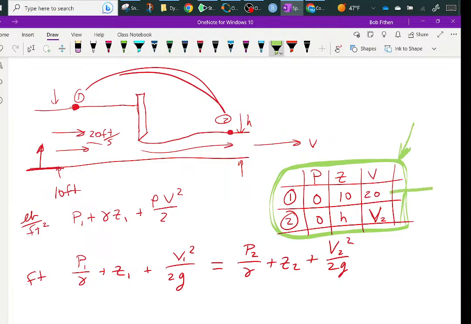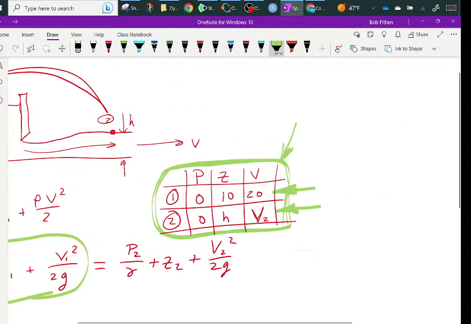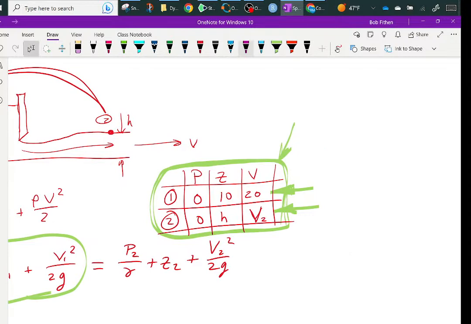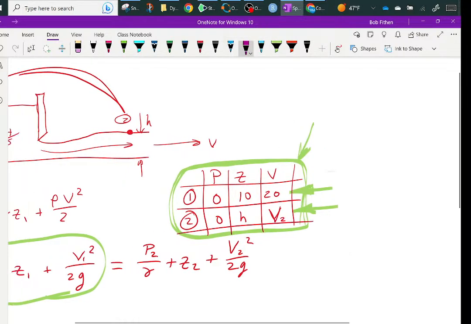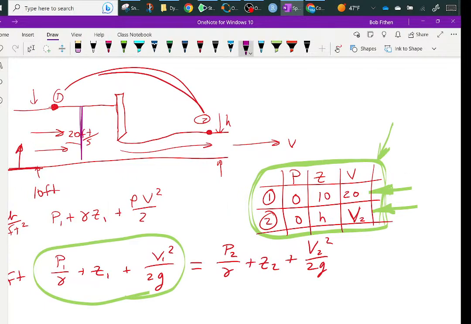I know everything here, so I can determine the energy state from this. But here I don't have one unknown, I have two. So that tells me I've got to come up with another equation, and it turns out that it's the mass flow equation.